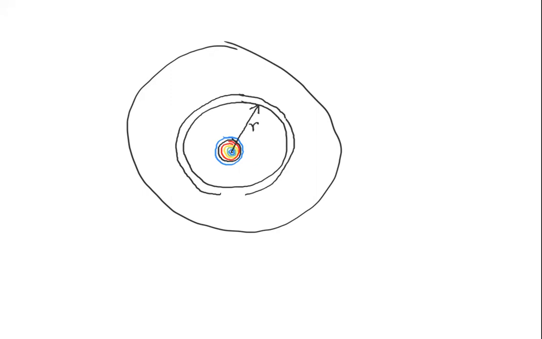Okay. Now, where did I get the 2 pi r dr from? So let's say that I consider a ring of radius r. And this ring of radius r will have a thickness of dr, right? This is what we discussed.